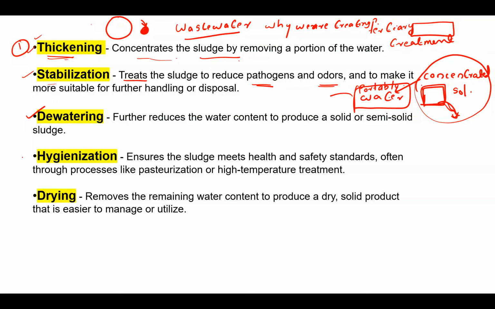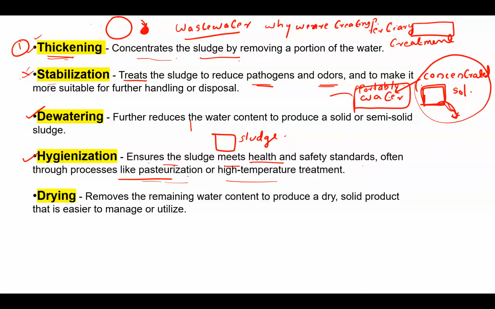Then comes hygienization. This ensures the sludge meets health and safety standards, often through processes like pasteurization and high temperature treatment. Okay, I have just mixed it with stabilization. Here, hygienization means that from the previous step we got a sludge, and we have to look into the safety and health standards for the sludge for the further step.